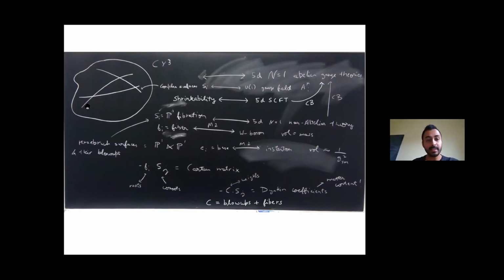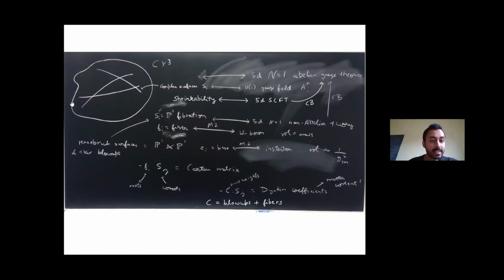And so here is a cartoon of a local region inside this Calabi-Yau threefold. And the lines here are representing some complex surfaces. And these complex surfaces are then intersecting with each other in some fashion. So these are the kind of mathematical objects I want to study.